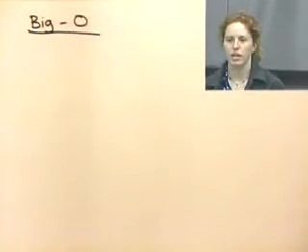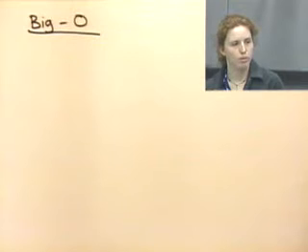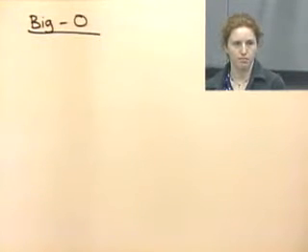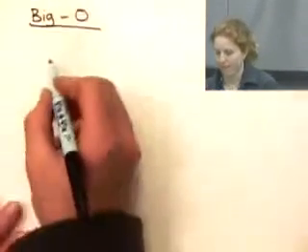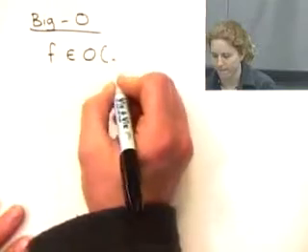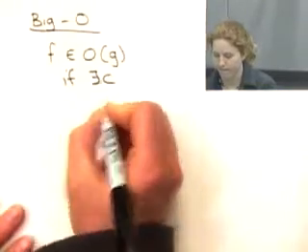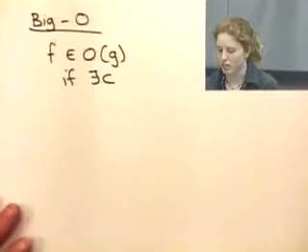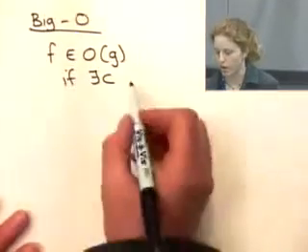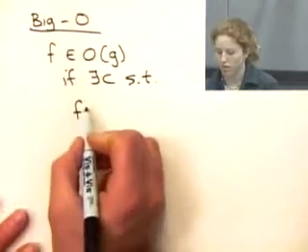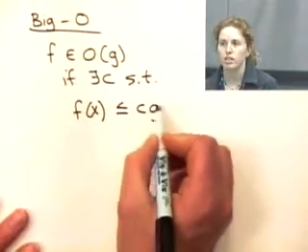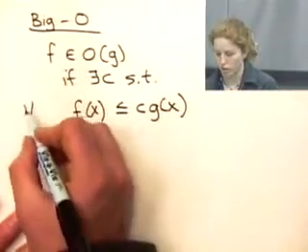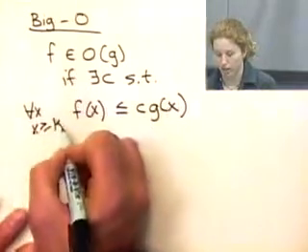What I wanted to do with Big O today is, I think that the hardest thing in that was doing induction proofs with inequalities. Because we know the definition of Big O, right? What is the definition of Big O? f is Big O of g if there exists a constant c so that f of x is less than or equal to c g of x for all x where x is greater than or equal to k.